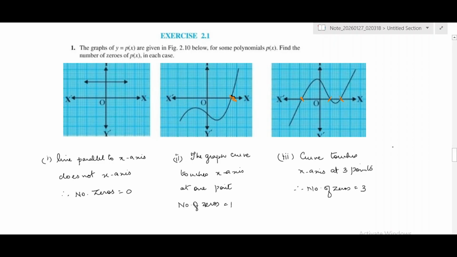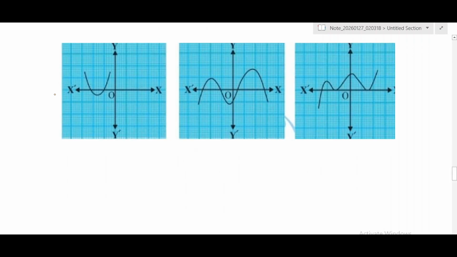We'll move to the next part. Now in this graph, the curve touches the x-axis at 2 points, first point and second point. Fourth one, the curve touches the x-axis at 2 points. Therefore, the number of zeros is equal to 2. Next one.